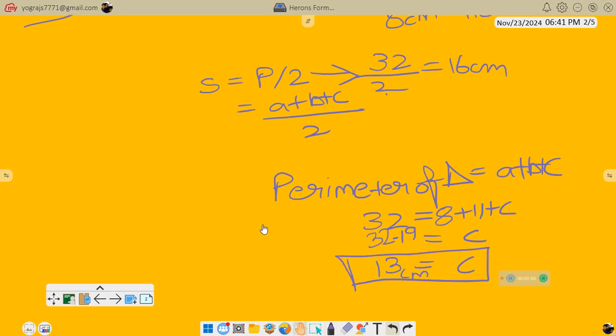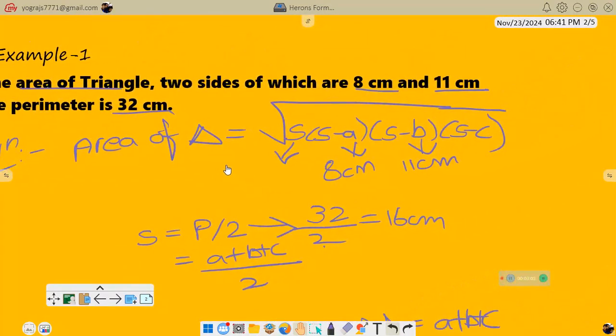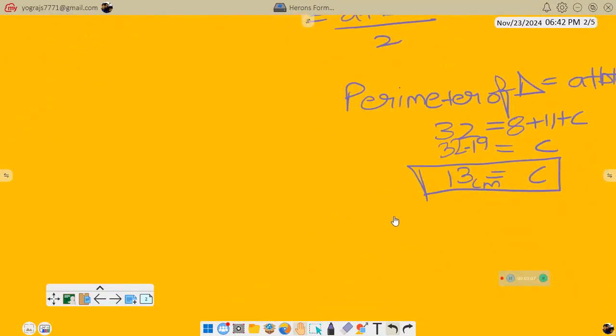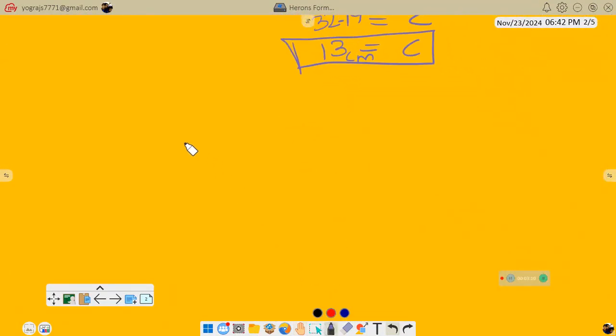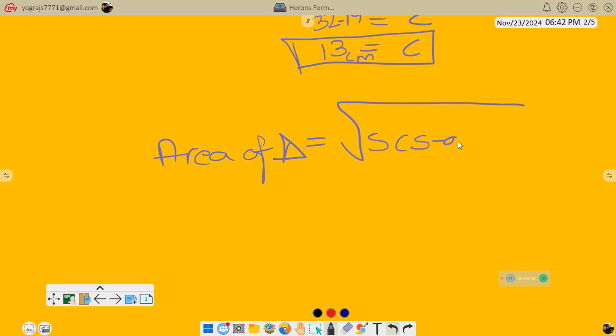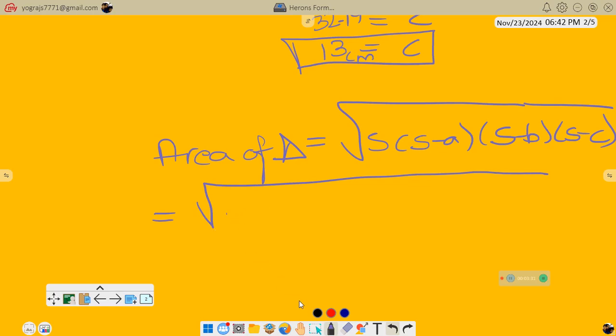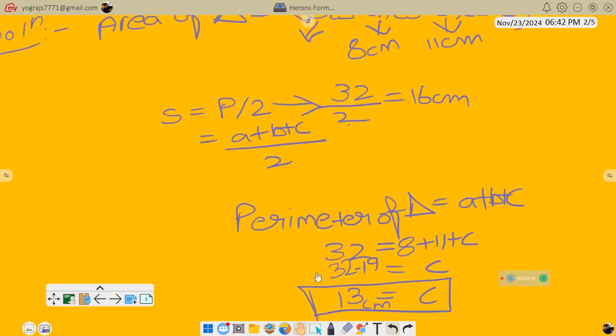Now let's put this into the formula, that is area of triangle equals under root S into (S minus A) into (S minus B) into (S minus C). From here we conclude that the area of the triangle equals under root S, S minus A, S minus B and S minus C, which equals under root, let me see what S is.